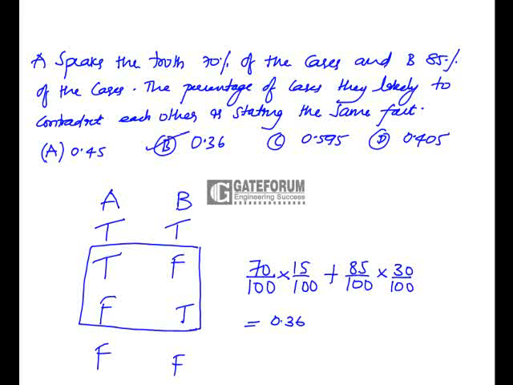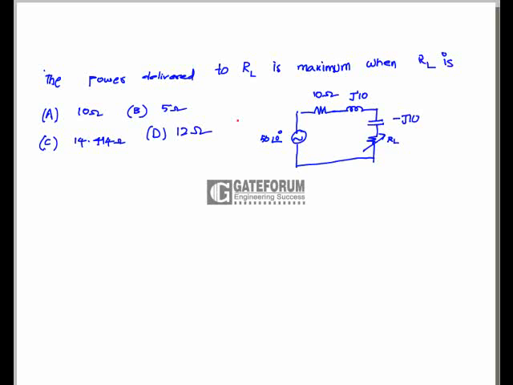Option B. Power delivered to RL is maximum when RL is equal to... If we find out the Thevenin's equivalent by removing RL and looking into the load resistance, we are going to get R Thevenin as 10 plus j of 10 minus 10, which is equal to 10 ohms.